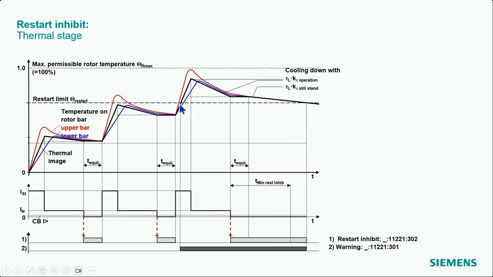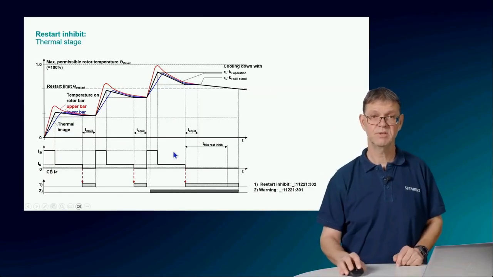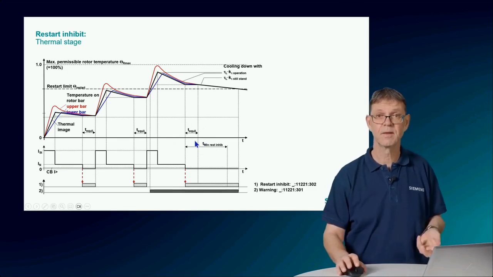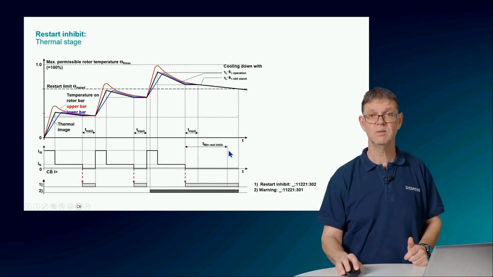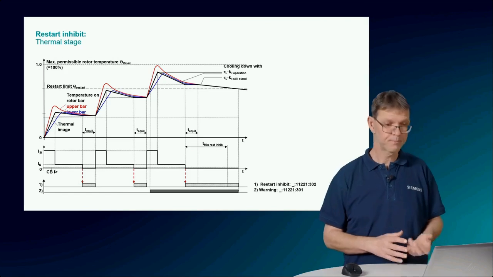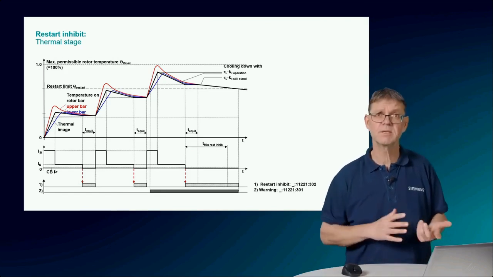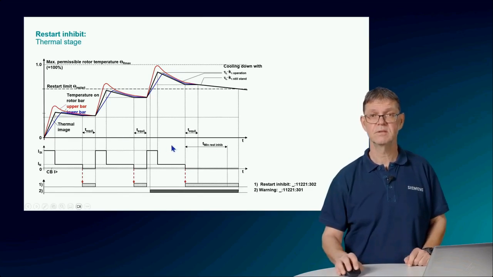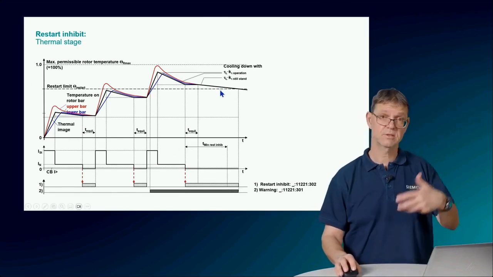So if you have a look here, when we exceed the threshold and then switch off the motor, we see again I have the signal, and the signal now is longer. It is minimum the equilibrium time if there is a setting different to 0. Then it's longer than the minimum time. So this was one of the settings we had before, the minimum restart inhibit time. And here in our example, this elapses, and then we are still above the value.